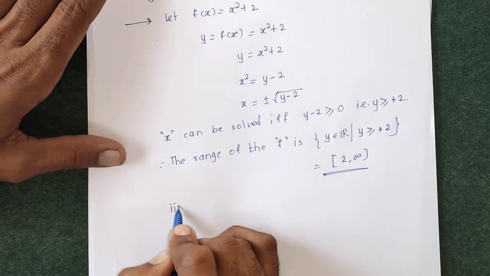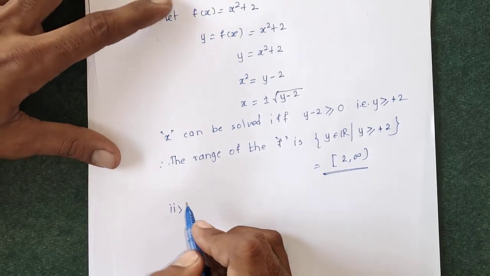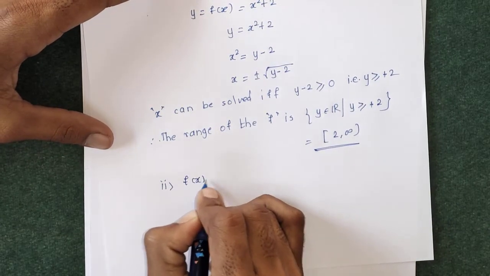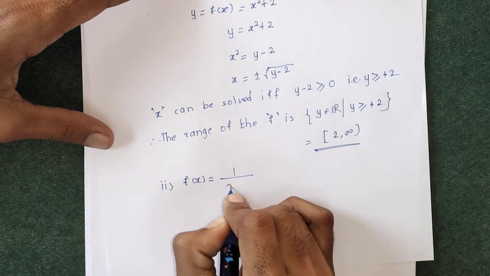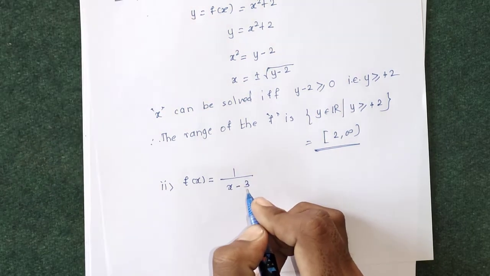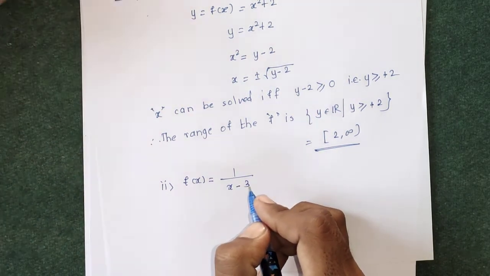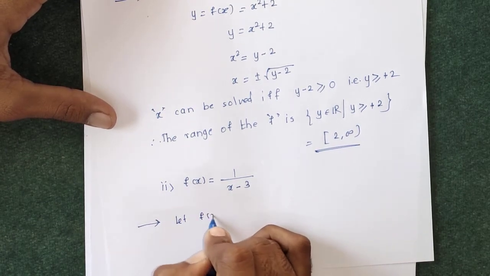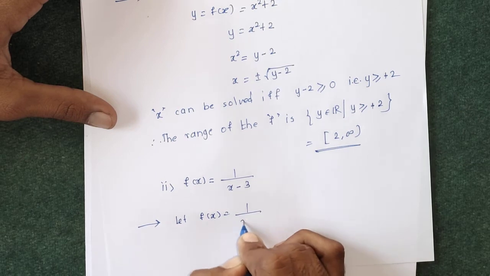Now, the next example, similarly we can solve. Second, f of x is equal to 1 upon x minus 3. Similar to the previous example, we are given f of x equals 1 upon x minus 3.